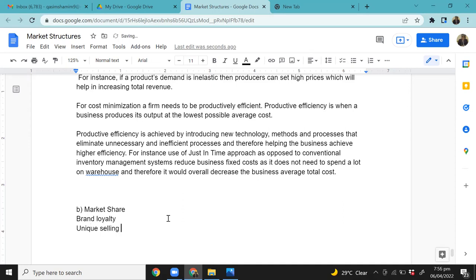So a unique selling point is any unique characteristic of a product or of your brand which is not present in your competitors' brands or products, right? So by creating unique selling points, you're making your product demand more inelastic, because customers know that it's only your product that has such characteristics.